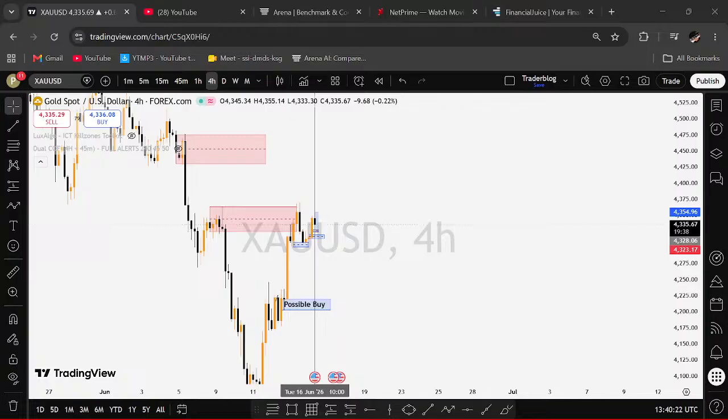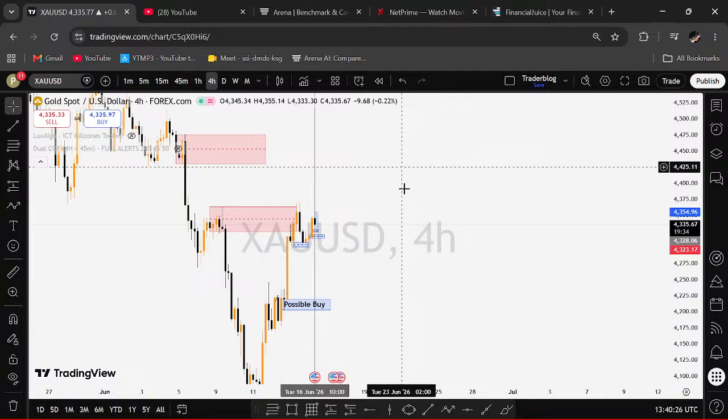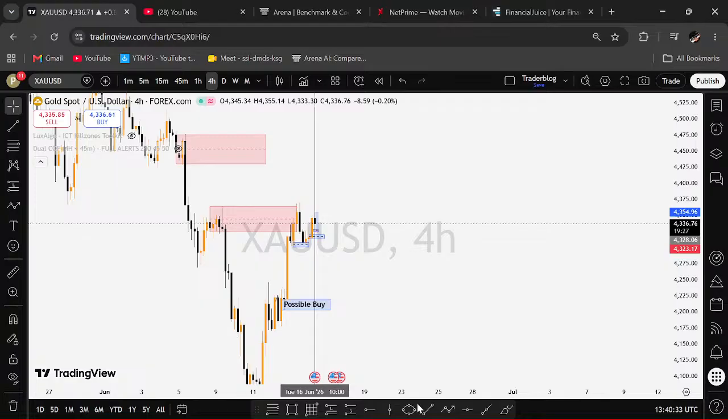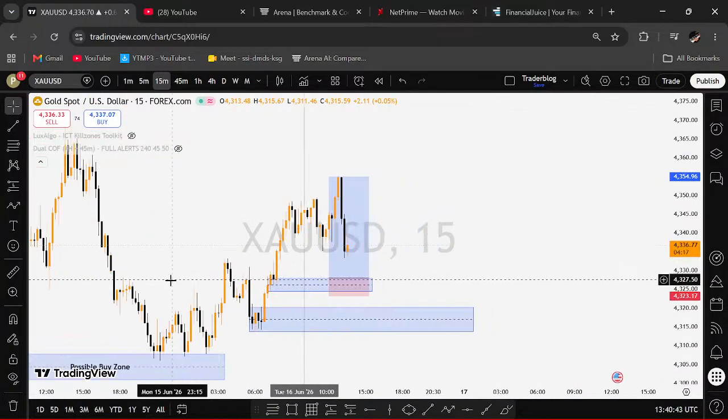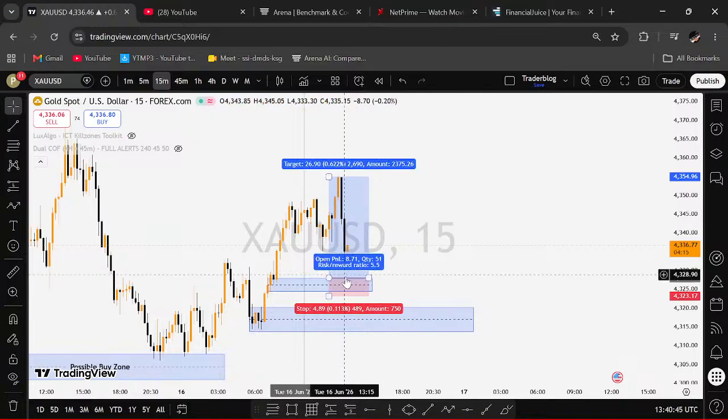So while we are waiting for the gold buys, which is over here, this is our first zone for buys.